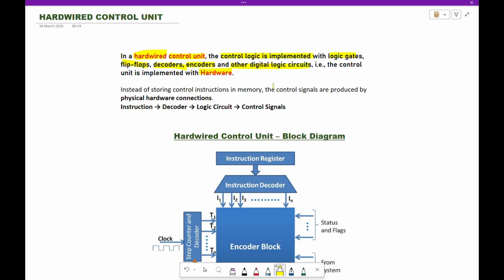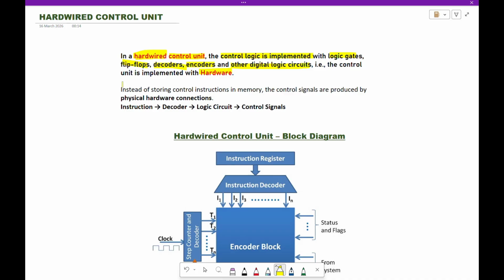So this means the control signals are generated directly using digital hardware circuits, not using a program. There is no program which is used to send instructions and control signals.